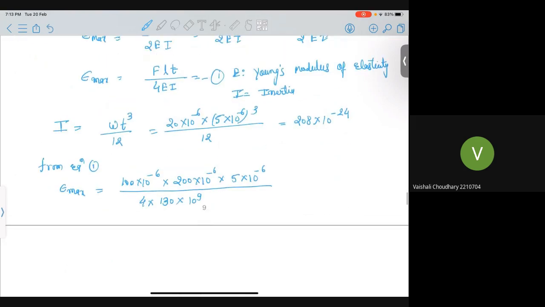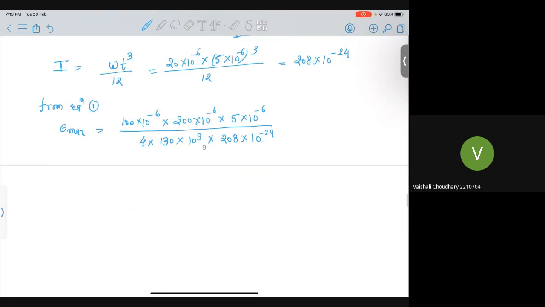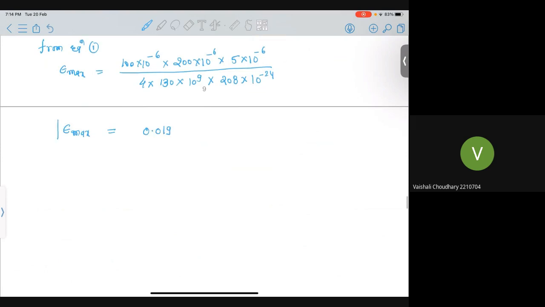And inertia we have calculated as 208 into 10 to the power minus 24. So if we solve this equation, we'll get a maximum strain of 0.019.